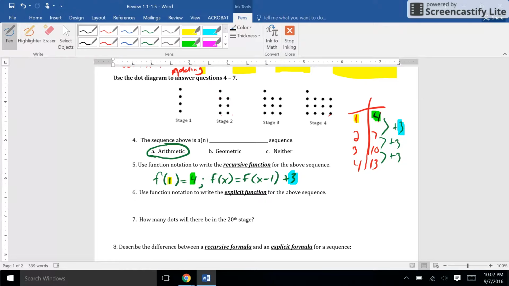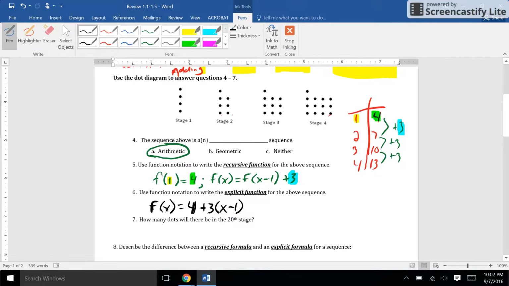All right? So I'll write an explicit. When I write an explicit, I'm going to say f of x equals, well, where do I start at? I start at 4. What do I do to 4? I add 3 to it, but I do that at x minus 1, and I started with the first term.